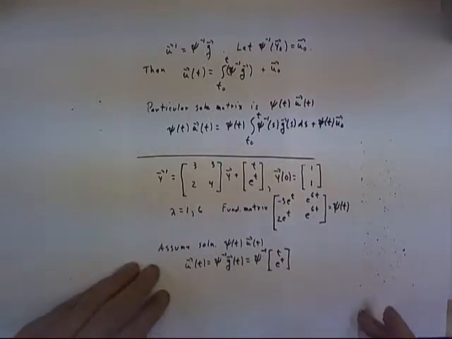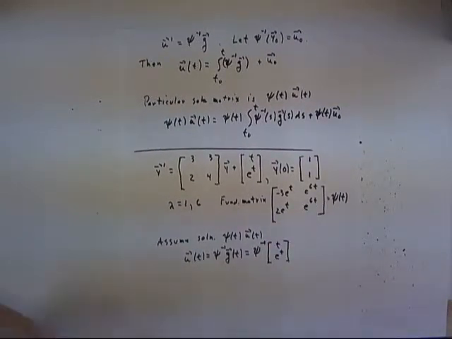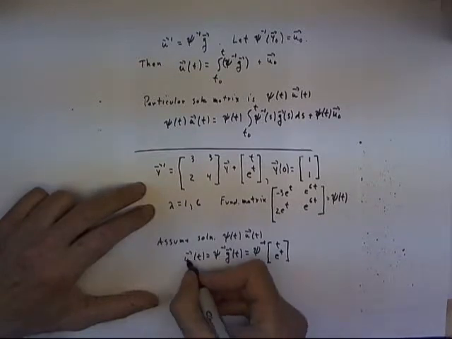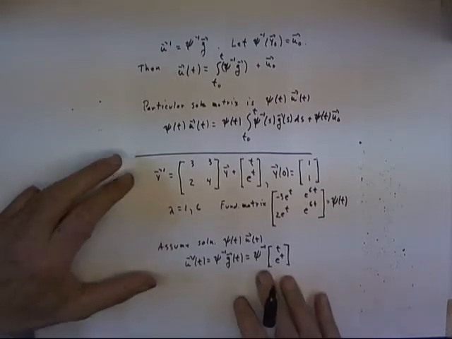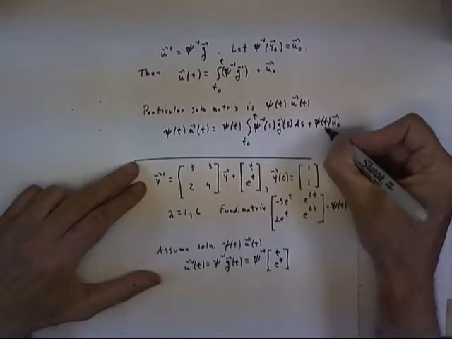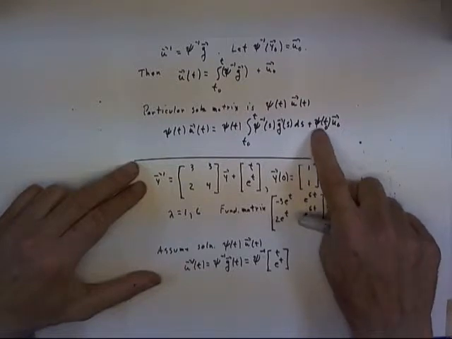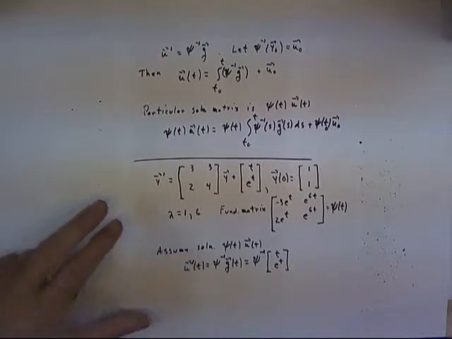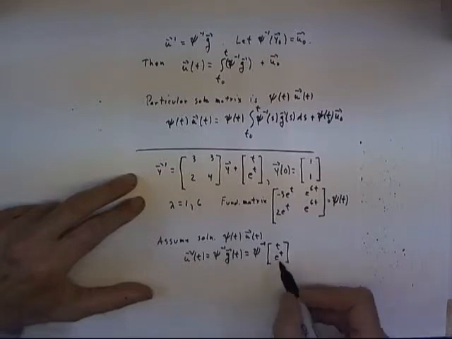Now it's very easy to invert a 2 by 2 matrix, so what we need is psi inverse. I wrote this as u of t, but this should be u prime of t. And that reminds me I had an omission up here. This should have been psi of t naught times u naught. So we get an equation for u prime of t.